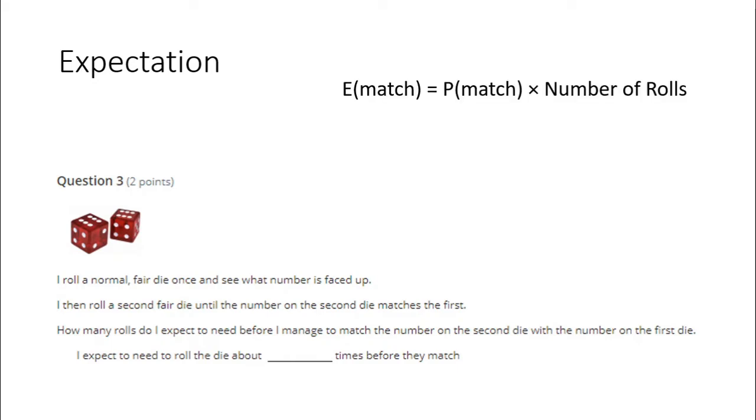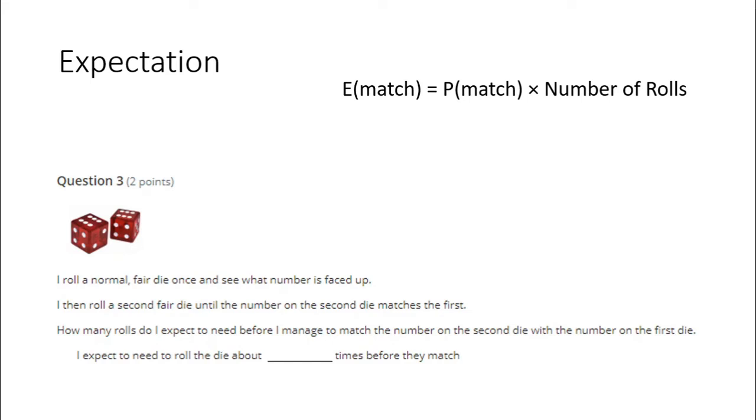The expected number of matches is the probability of matches multiplied by the number of rolls. Now we're not trying to find the expected number of matches. I'm trying to find out how many rolls it would take to get one match. But I'll use this formula and rearrange it to find the number of rolls. I know I want one match, so how many rolls would it take for me to expect one match?